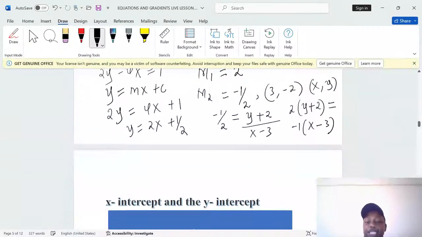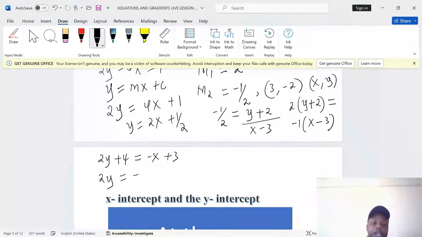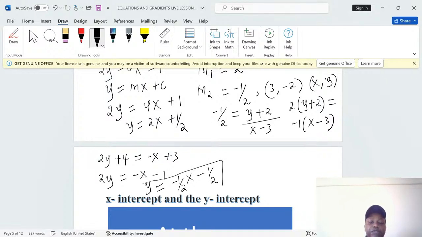Then we get 2y + 4 equals -x + 3 when the bracket is opened. We remain with 2y equals -x, and we have +3 minus 4, which becomes -1. So we remain with y equals -half x minus half. So this is now the equation of the line in the said format.